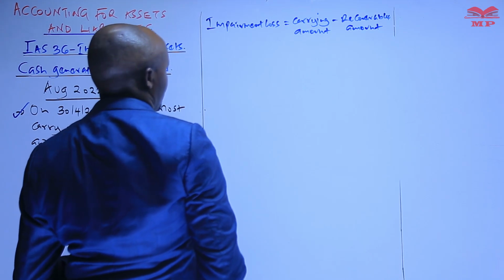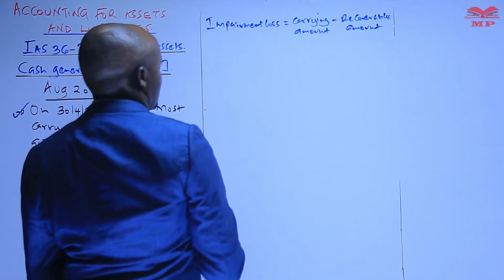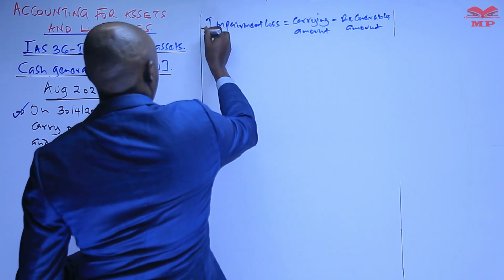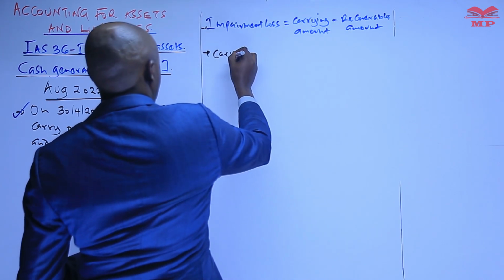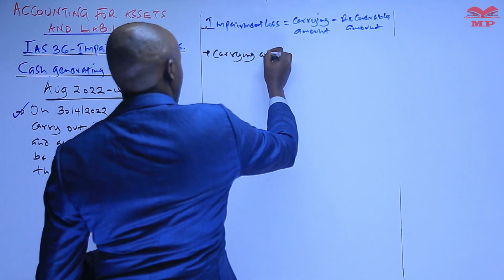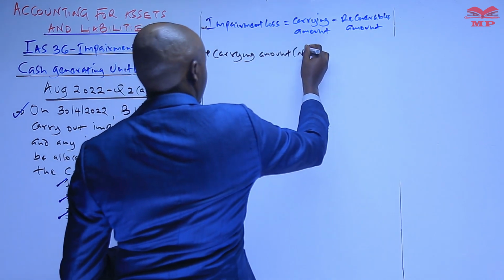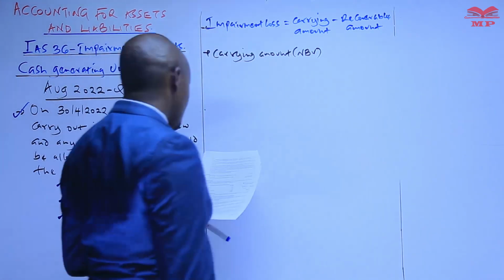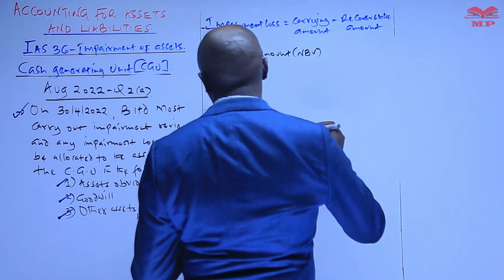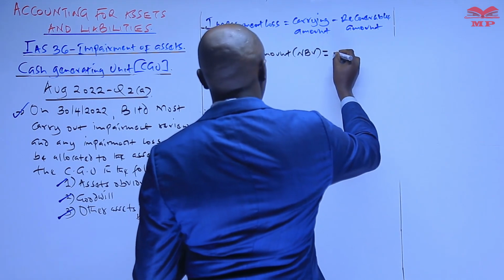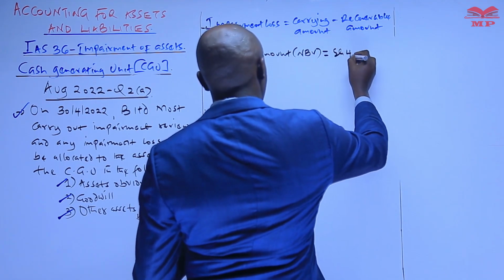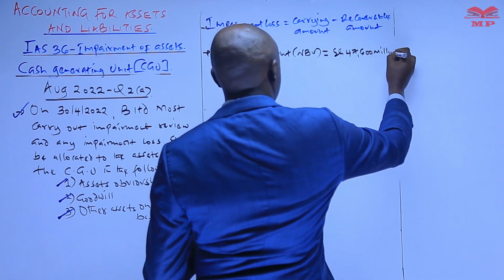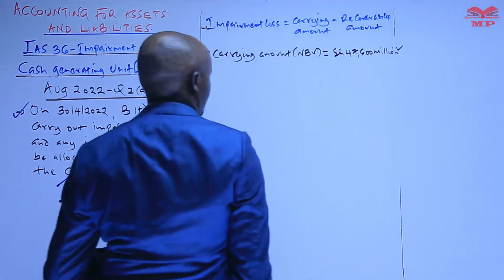So we need to have these two values, carrying amount and the recoverable amount of the cash generating unit. So the carrying amount, remember, is the same with the net book value because the examiner may give you the net book value instead of the carrying amount. And we are already given that amount under paragraph 2 of this cash generating unit, which is given as 47,600 million. So that figure is already given.